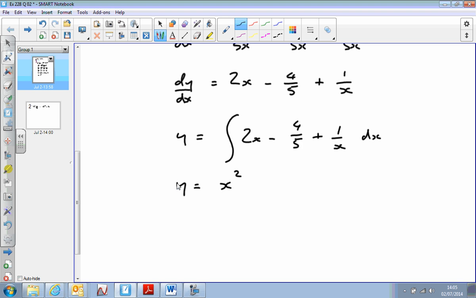If I've got a constant and I integrate a constant, the variable reappears. So as I'm integrating with respect to x, the variable is x, so the x reappears, and the integral of 1 over x is log x plus c. So that would be my final answer, which I can't simplify any further.